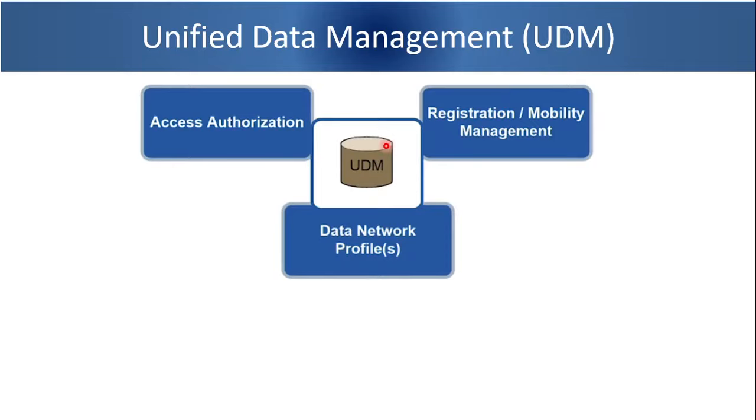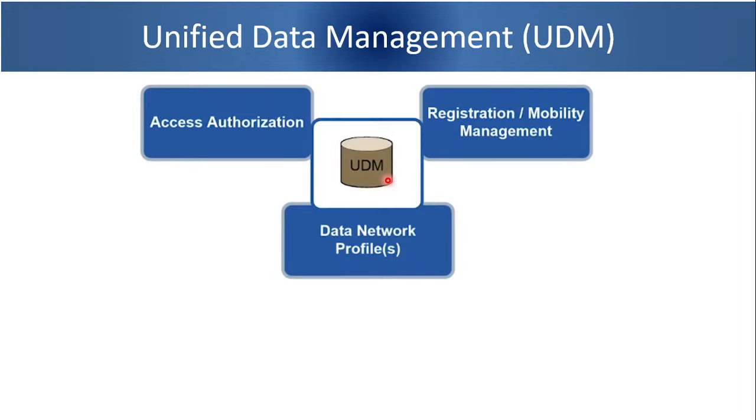It has the profile of all the subscribers, and not only subscribers but also the data networks. As I said, in 5G I can have n number of data networks. It could be IMS, AR/VR service, internet, or a corporate LAN, right? So the profile of every data network is also there in UDM.